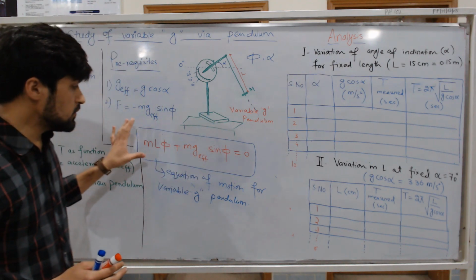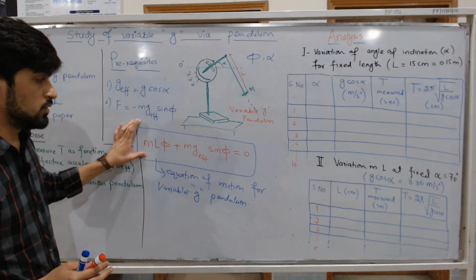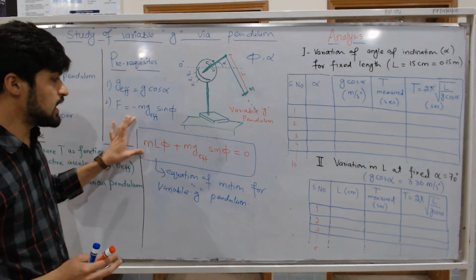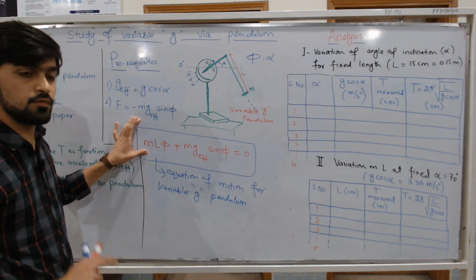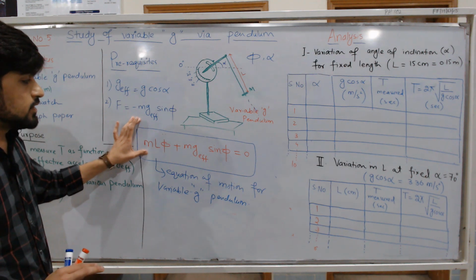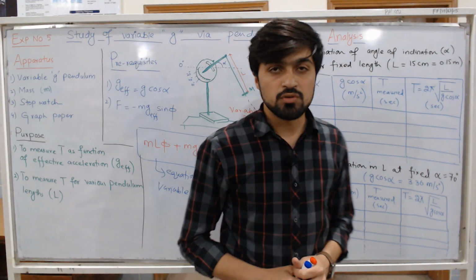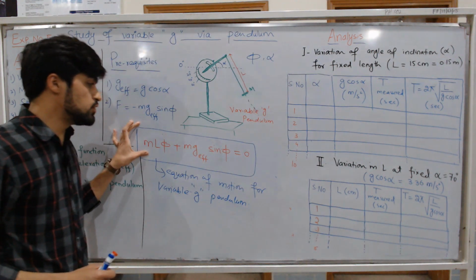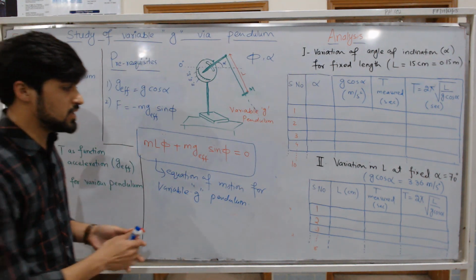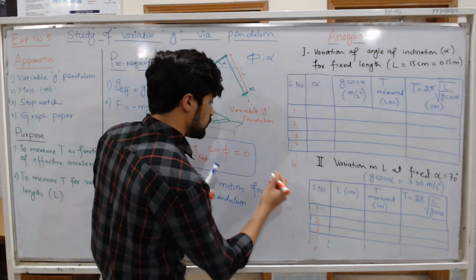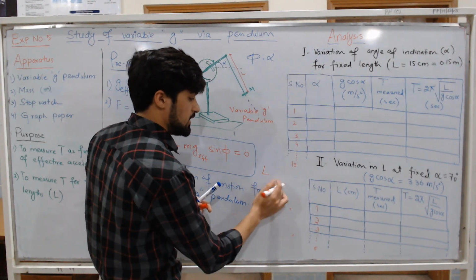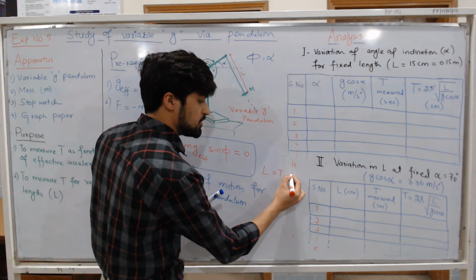Now deriving this equation is not part of this experiment, but I will be doing it very quickly. To derive this equation, we need to understand the Lagrangian mechanics. So this equation is derived using the Lagrangian. The Lagrangian is represented by L, and it is the difference between the kinetic energy and the potential energy.